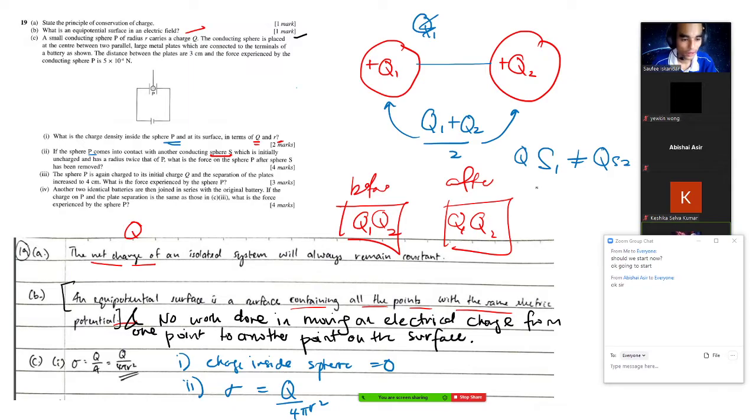It is V on sphere 1 that will be equal to V on sphere 2. The potential will be the same, but the charge on the spheres will be different. So by using the potential difference, we can find how much the Q is on each side. Okay, so remember that.